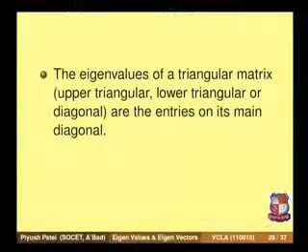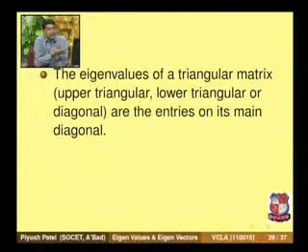So these two properties are many times helpful to find the eigenvalues. Whenever one eigenvalue is given and you are asked to find out the other eigenvalues of the matrix, at those times these two relations will be helpful to evaluate the remaining eigenvalues of the matrix.